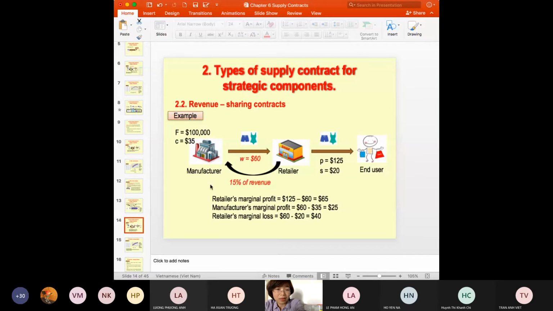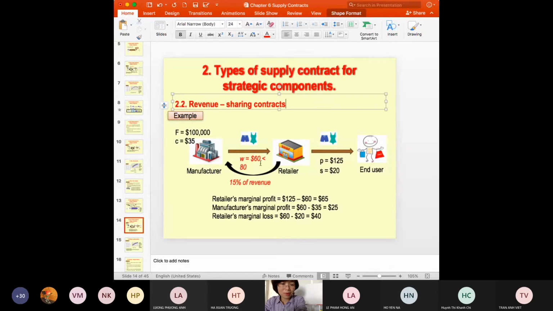Okay, so I will give you an example. Here you see the manufacturer sells to retailers at $60. That is cheaper than 80, right?